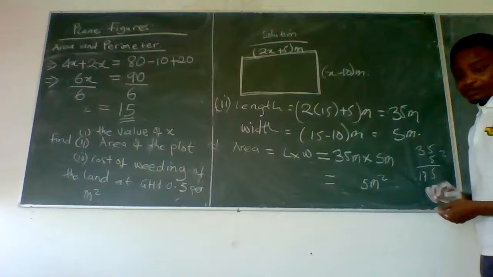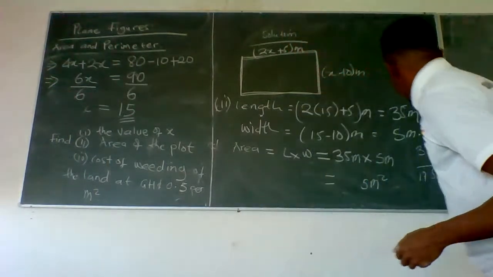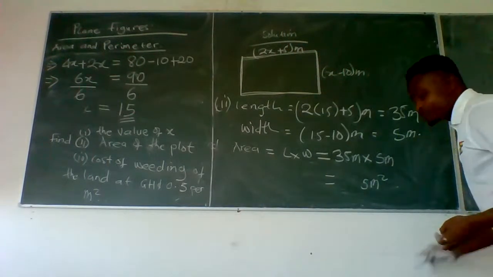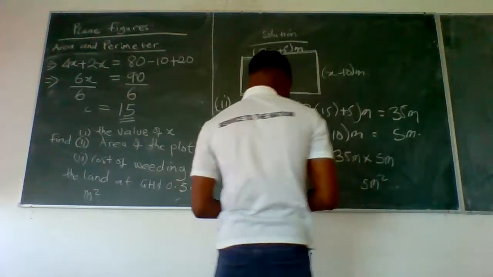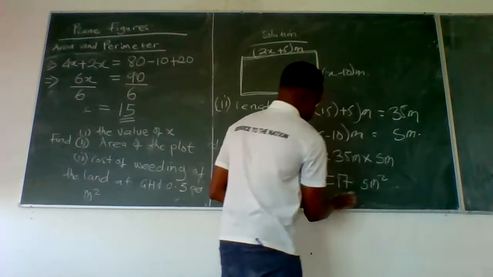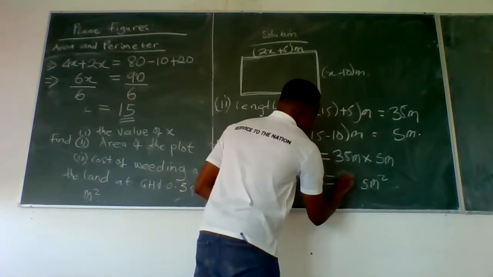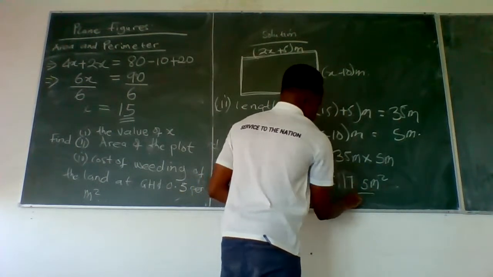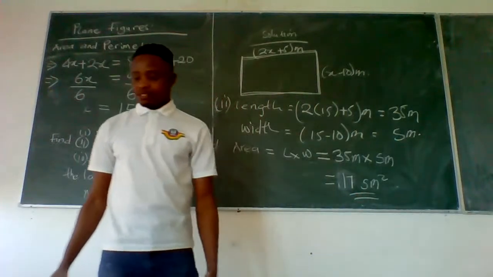So 175. So the total area of the plot is 175 meters squared.